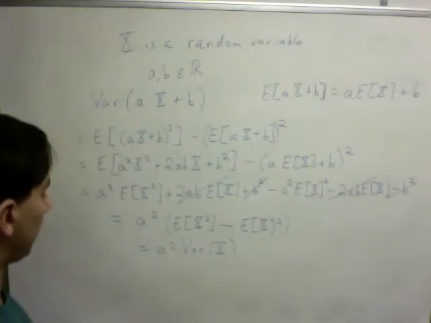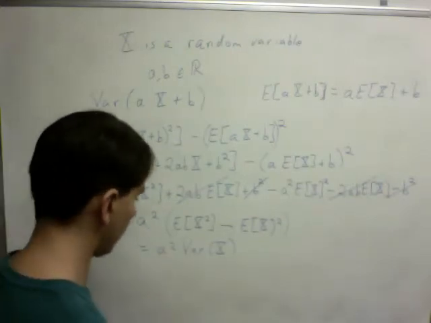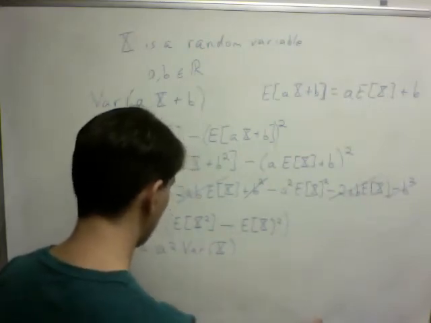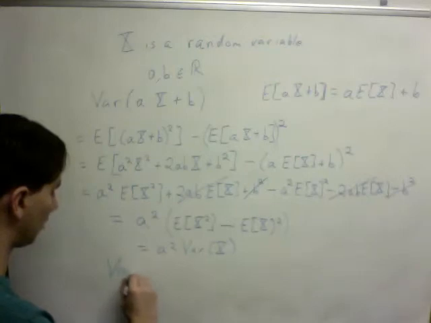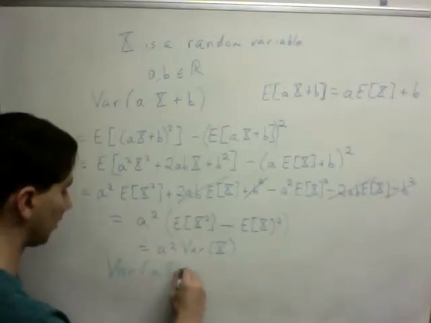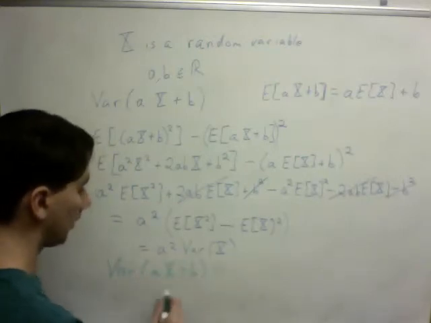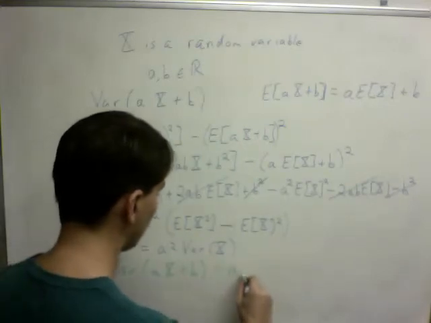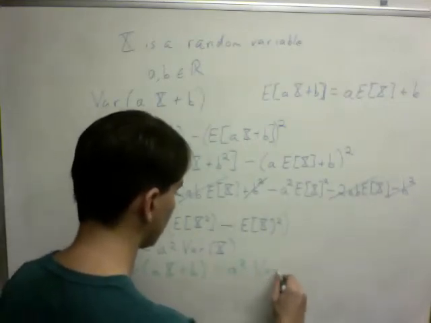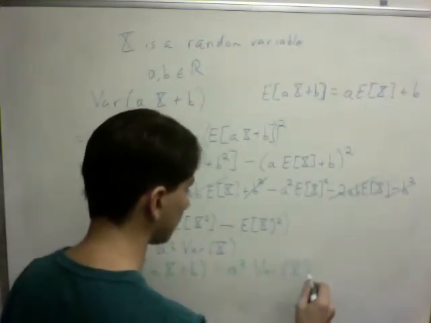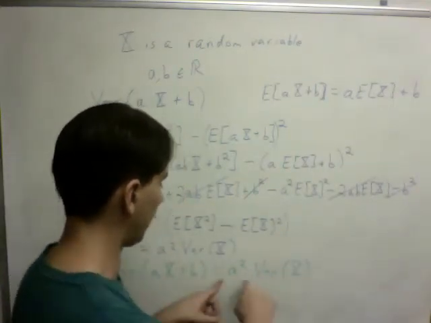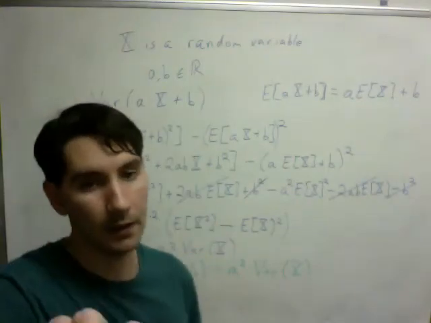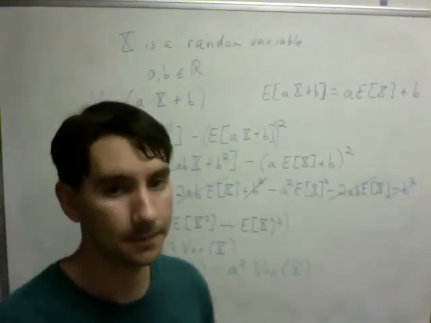So the variance, let me write in another color what we've derived here. So the variance of aX plus b is equal to a squared times the variance of X. And so variance is not linear. It's not a times the variance of X plus b, like it was for expectation.